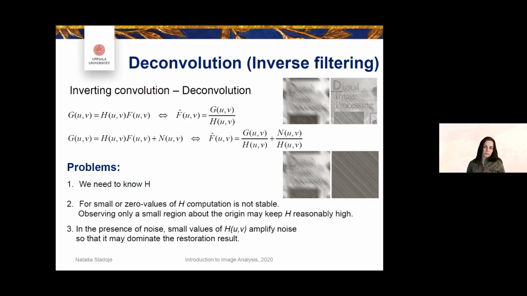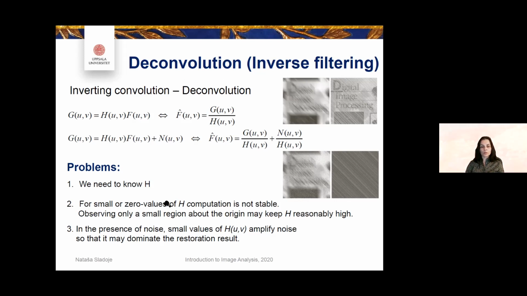We know how these Fourier spectra usually look, and this division may become division by very small, close to zero values, which makes it quite unstable and can cause problems in this equation.